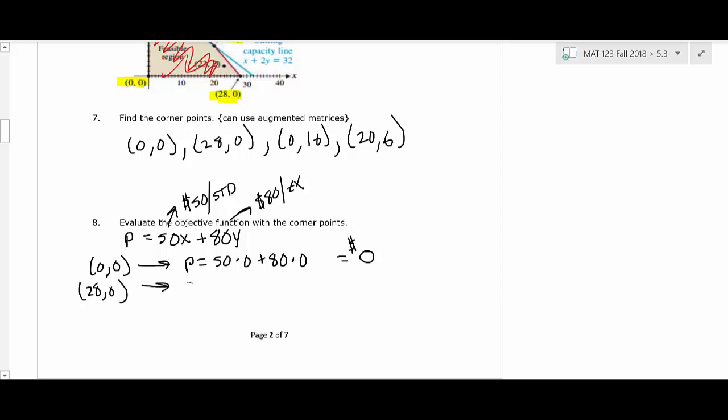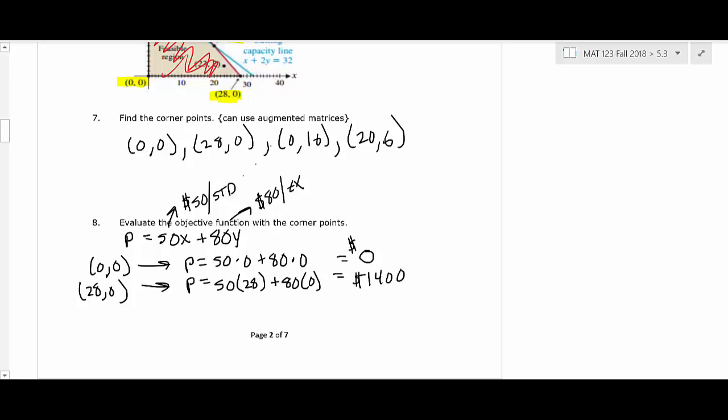Okay, X is 28, so you would do a profit of 50 times 28 plus 80 times 0, and you would just take your calculator and do that. So if I do 50 times 28, that would give you a profit of $1,400 if you only produce 28 standard tents and forget about the expedition.